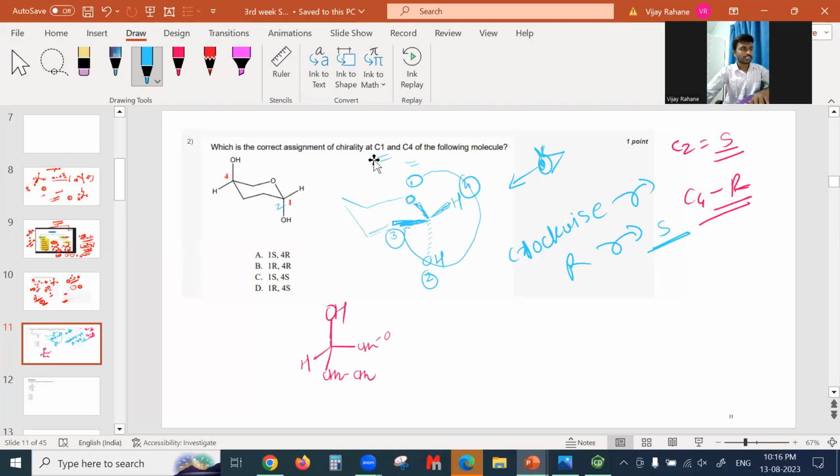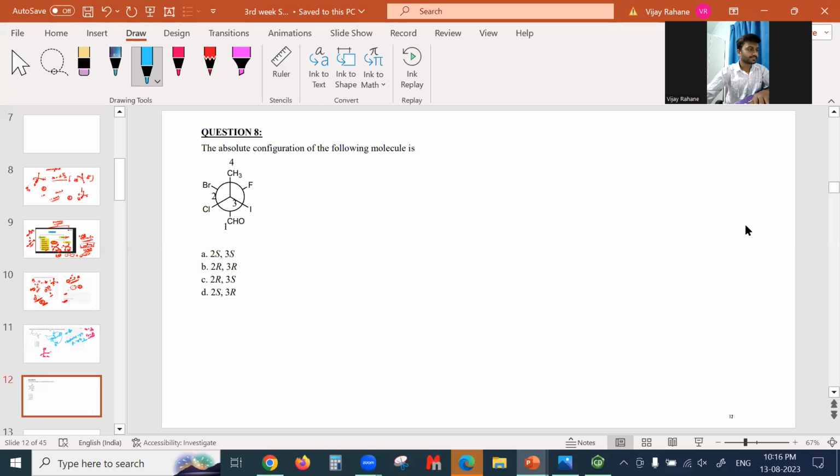So we'll move to the next question. In this question, we have to assign the absolute configuration of the following molecule. The molecule they have given, in this one, you can see the front carbon atom, which has the iodo, CH3 and the chlorine group.